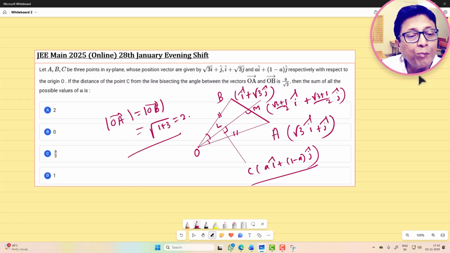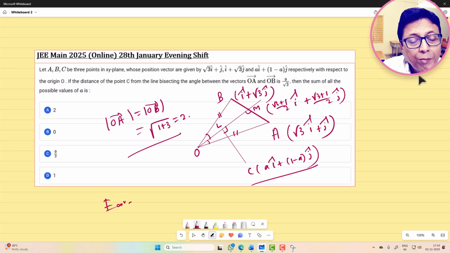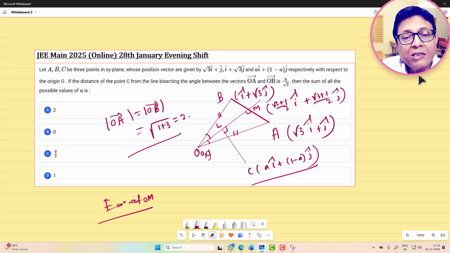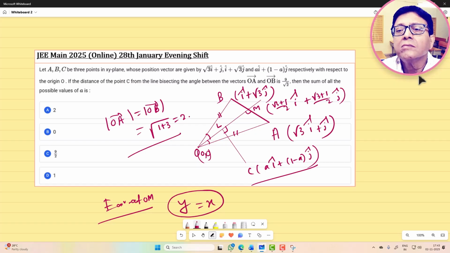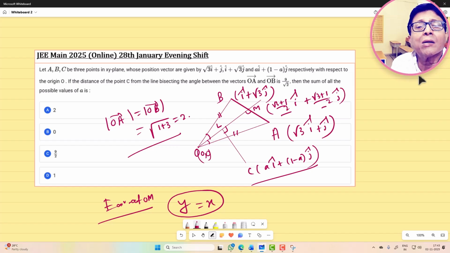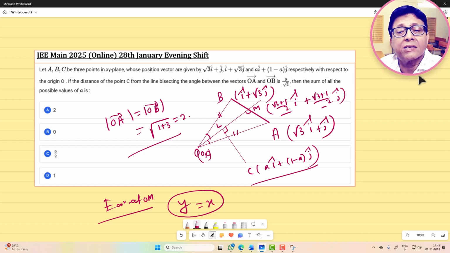Equation of OM is going to be what? This is origin and these two coordinates are equal. It has to be y equal to x. Because these 2 are same. Line through 0, 0 and 2, 2. Line through 0, 0 and 10, 10. All are y equal to x. Y is equal to x.